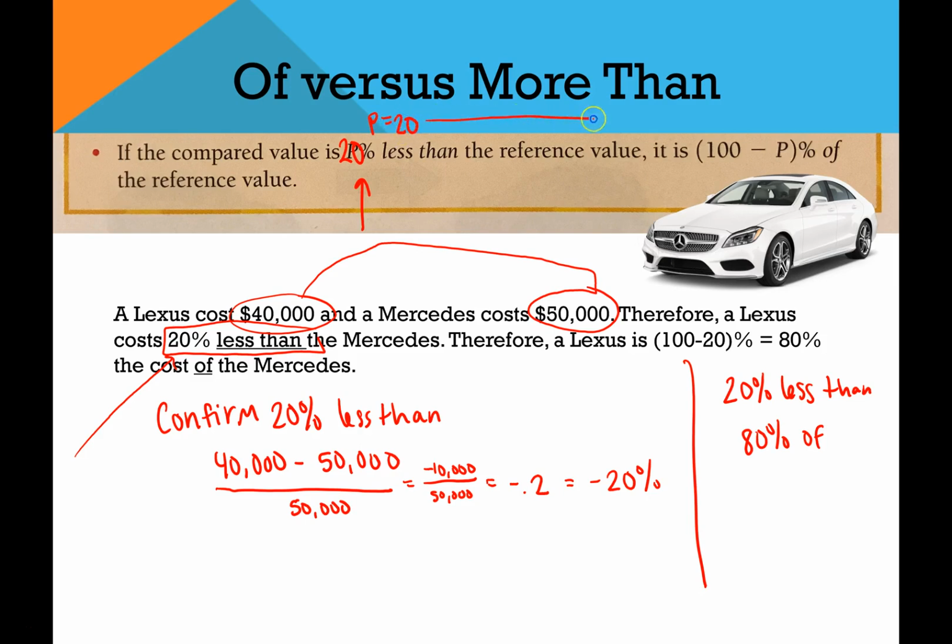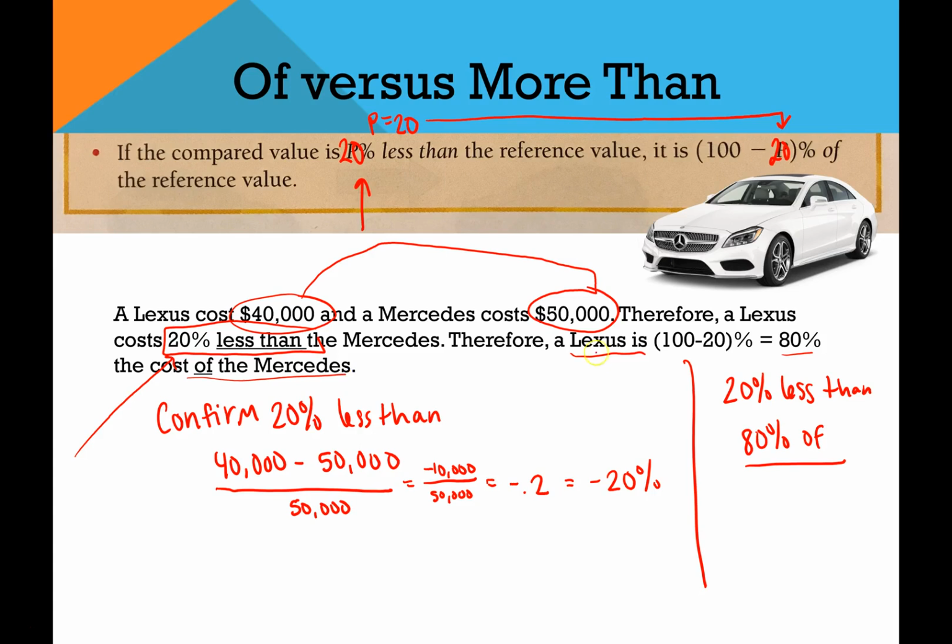So now I take that P and I plug it in right here. And now I have 100 minus 20, which is clearly 80% of. So again, this is the same fact, just stated two different ways. You could either say a Lexus costs 20% less than the Mercedes, or you could say that the Lexus is 80% of the Mercedes.